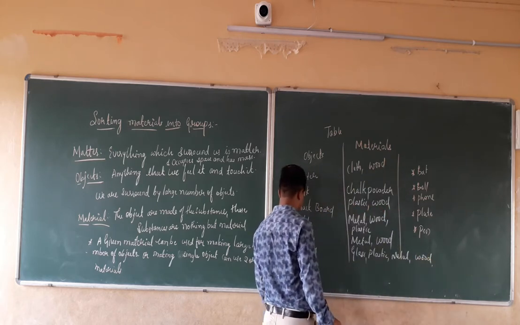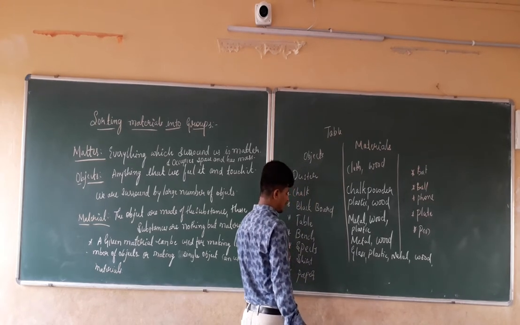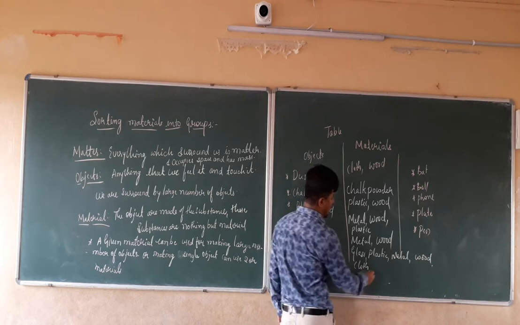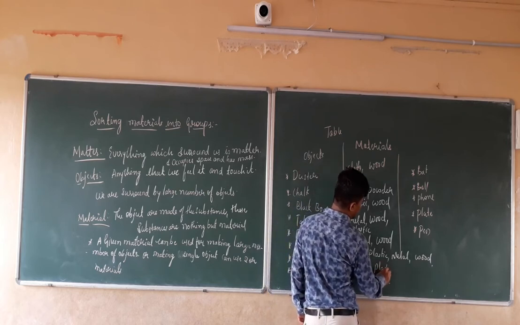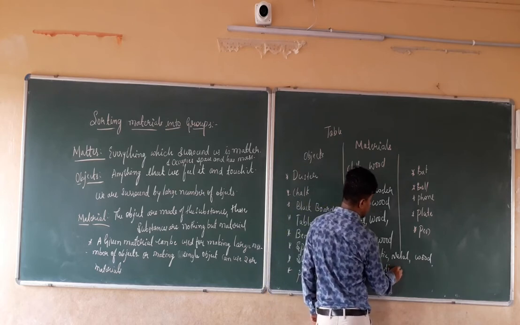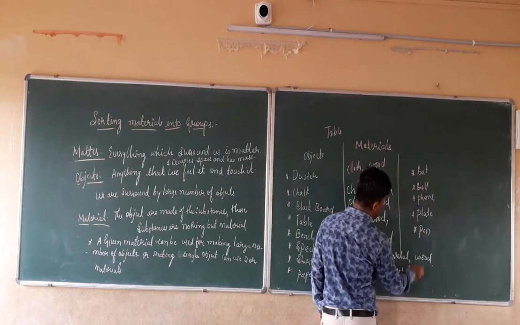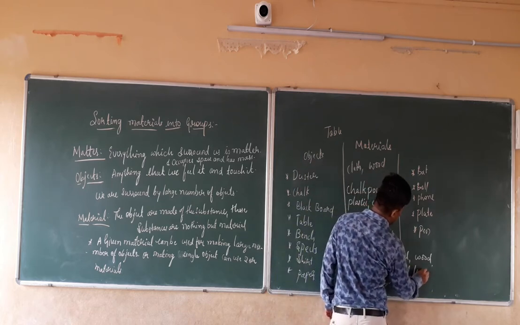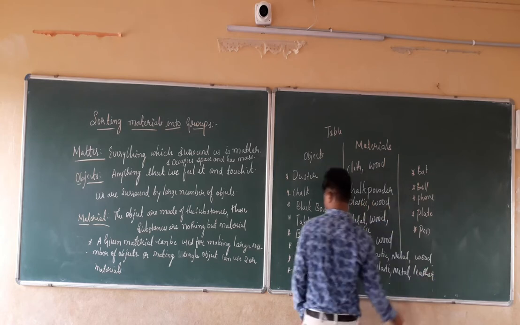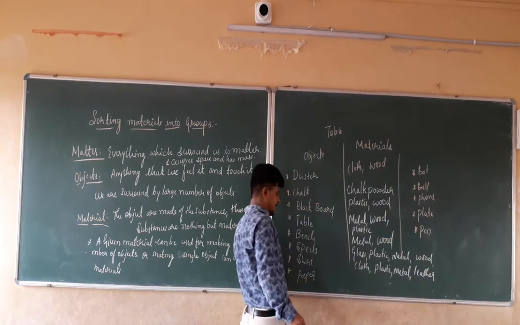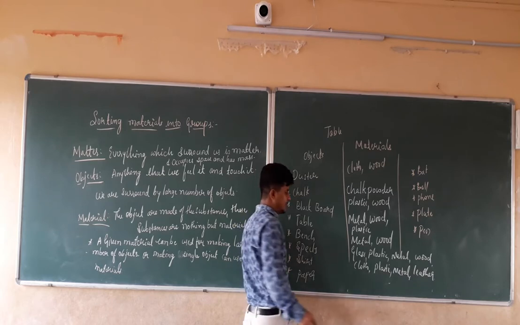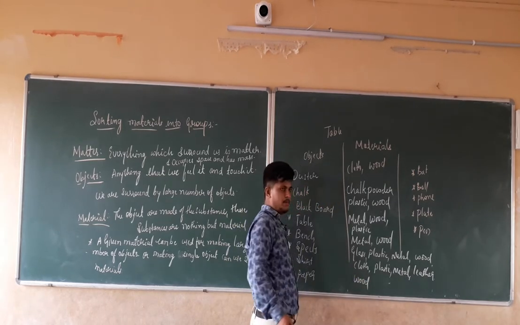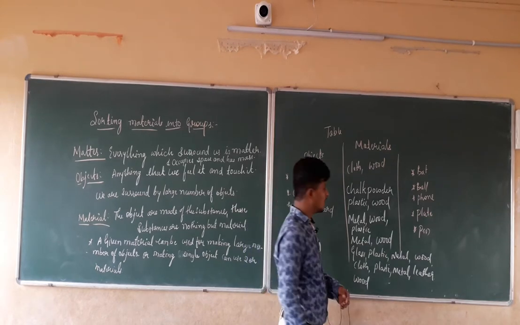If you take the example of a shirt, cloth and plastic, in some cases metals, and in some cases there will be leather. If you take the paper, in this case we have taken wood. For making paper, we are going to use wood.